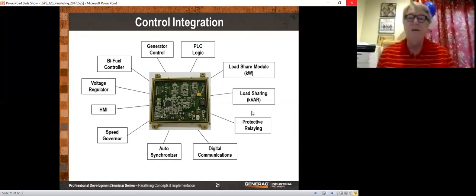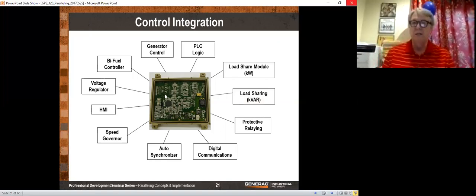Now, where do we put that circuit board? Well, there is no real reason to have an external master controller. Why not go ahead and put all the master control right on the generator controller, and we'll put that on the generator. Now we can completely get rid of the paralleling switchgear.